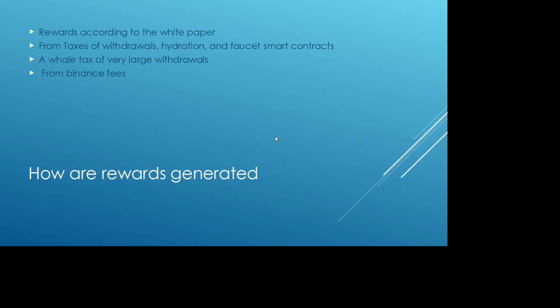After also watching a video, which I'll discuss in another video, with the owner. He was talking about all the money that's pooled from the taxes, and those taxes are 5% when you rehydrate, 10% when you invest off PancakeSwap, 10% when you sell. So it has many sources of taxes, and that whale tax will really look after those bigger players.